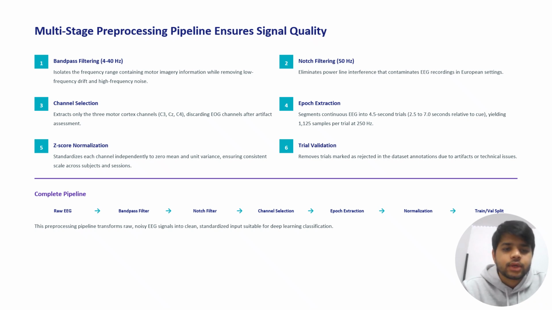Then I process the data through Z-score normalization to remove the baseline from the data. And then we have trial validation, where the marked bad trials should be removed. That includes limb movements as a part of the trial, so we cannot use that trial for training.